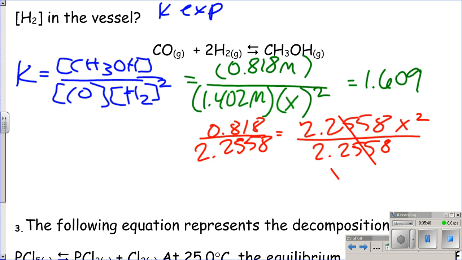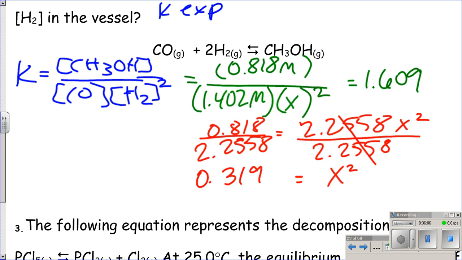So x squared is equal to what? Anybody? 0.319. Let me make sure that I did that. Also, it's 0.3197. I got 0.36 something.